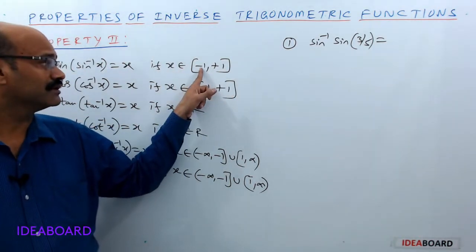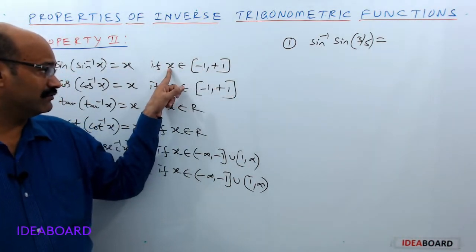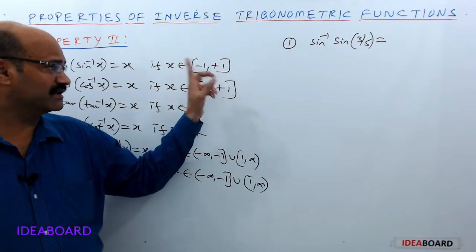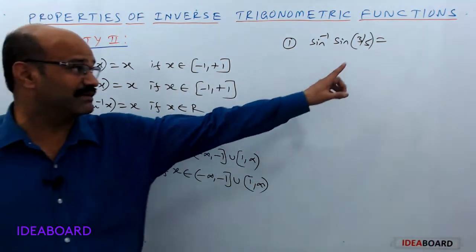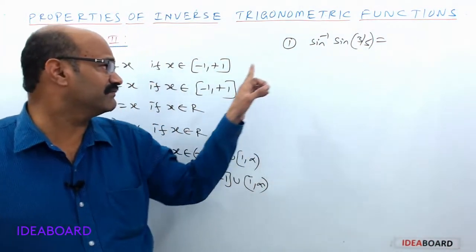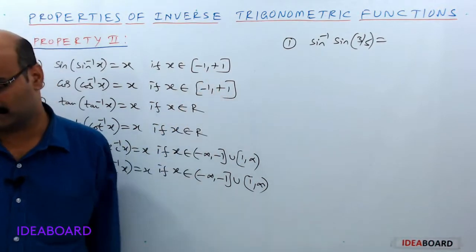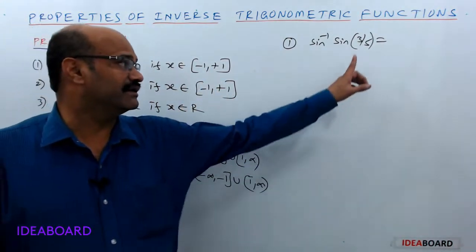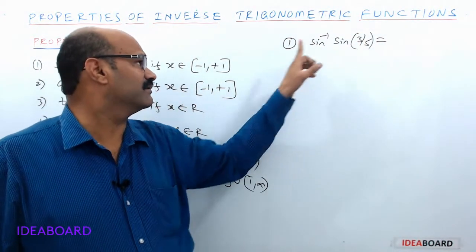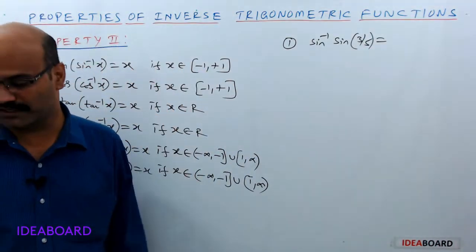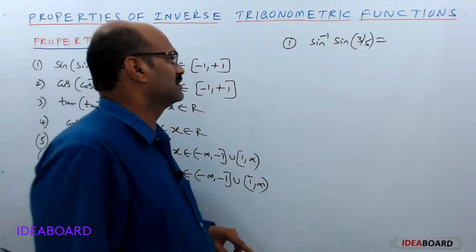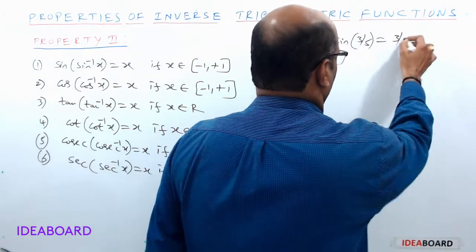So the value of x must be lying between minus 1 and plus 1. Now we have to verify whether 3 by 5 lies between minus 1 and plus 1 or not. Yes, clearly 3 by 5 lies between minus 1 and plus 1. So here we say that directly this one equal to 3 by 5.